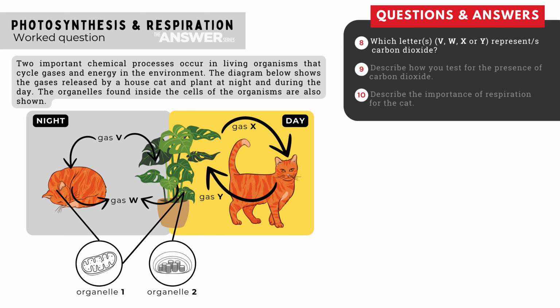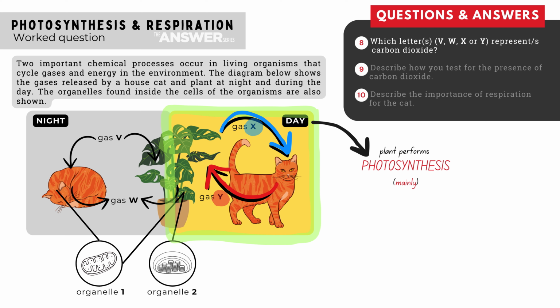Right, question 8. Which letter or letters, V, W, X, or Y, represent carbon dioxide? Now let's start on the side which is the day. So here we can see a gas X is being used by the cat and produced by the plant. A gas Y is being produced by the cat and used by the plant.